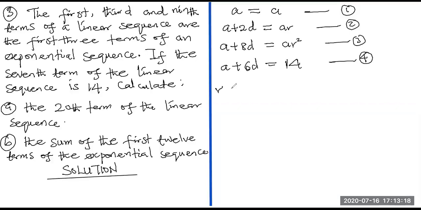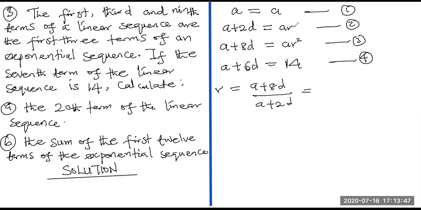So our common ratio now is equation 3: the third term, A plus 8D, divided by the second term, A plus 2D. Another person can also do it as the second term divided by the first term.